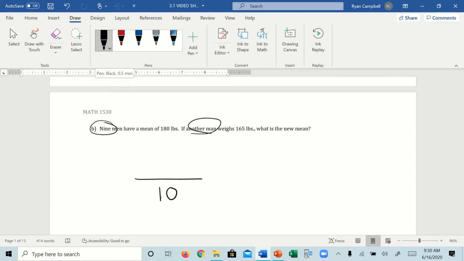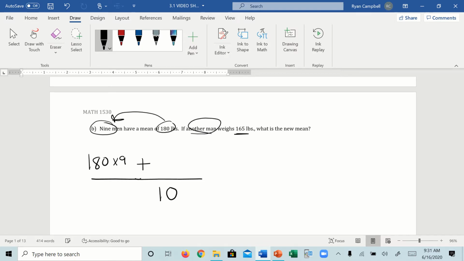Well, how many 180s do we have? It's not just one, right? It's 9. So you can add 180 plus itself 9 times, or you can just multiply it by the 9 people, right? So here's 9 numbers. What about that 10th number?